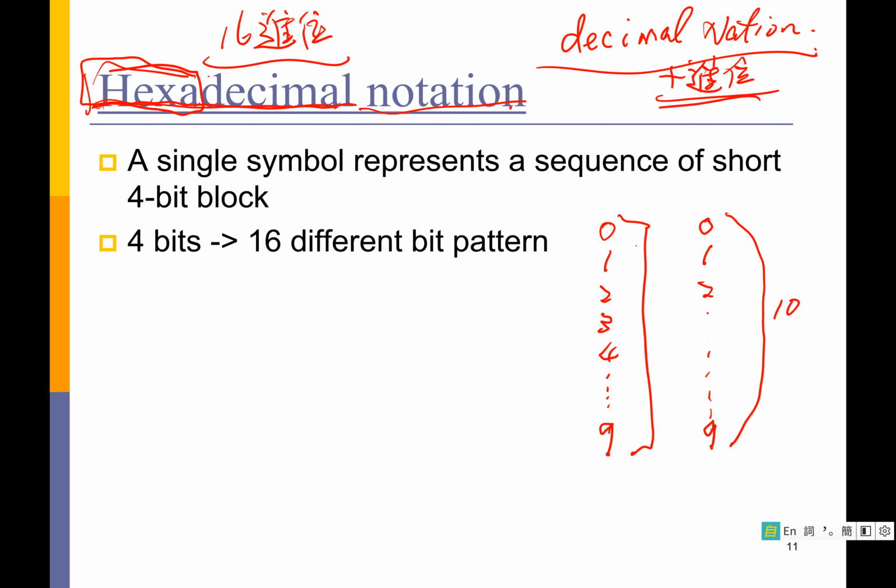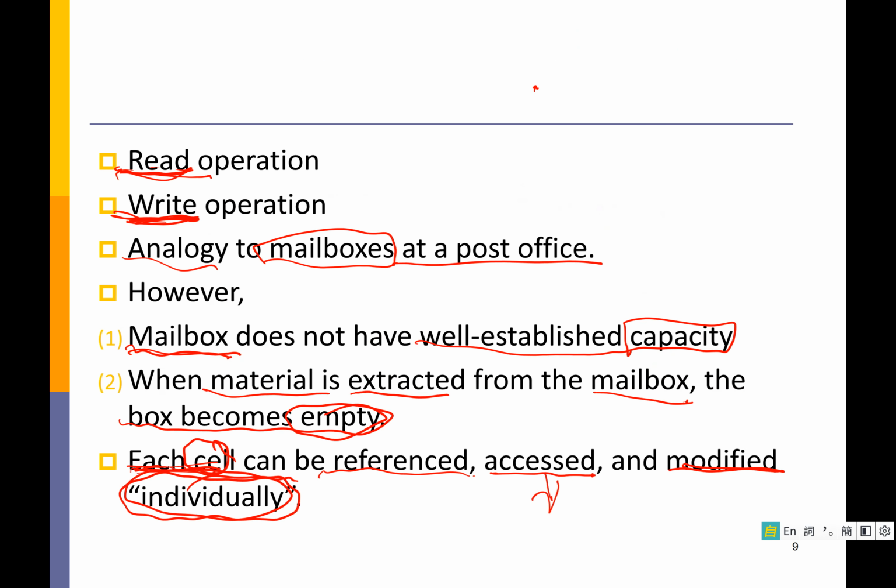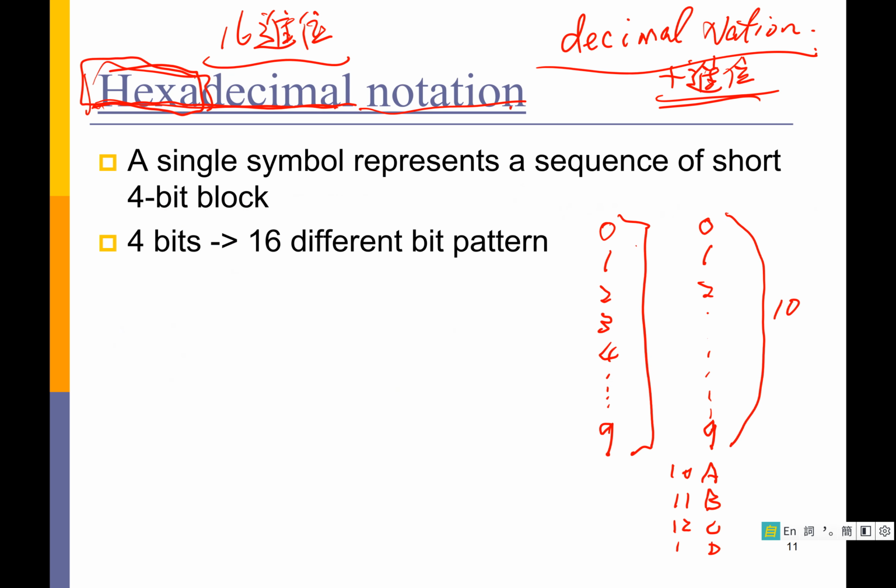But in hexadecimal notation, we have A, B, maybe we should call it A as 10, B is 11, C is 12, D is 13, E is 14.